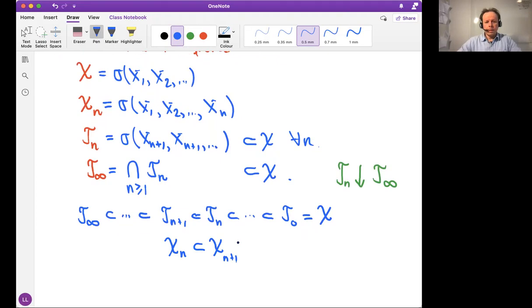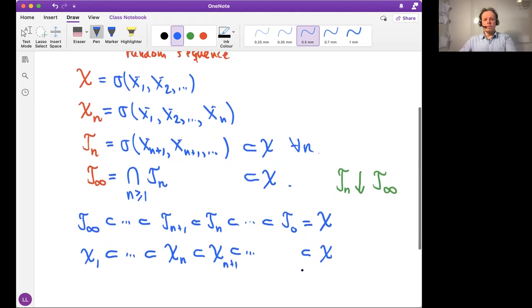This way we can continue this sequence, and all of these are contained in X. Looking backward, what is the smallest one? Well, X1 is there. This is the information content of the first random variable. Here we have more information because we have more random variables, and here we have the full collection of random variables.